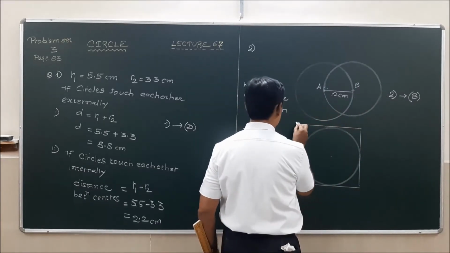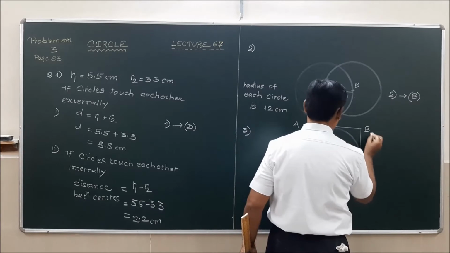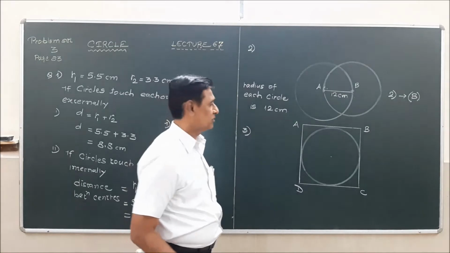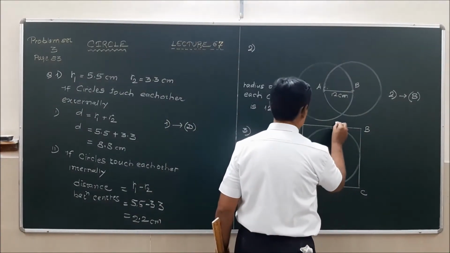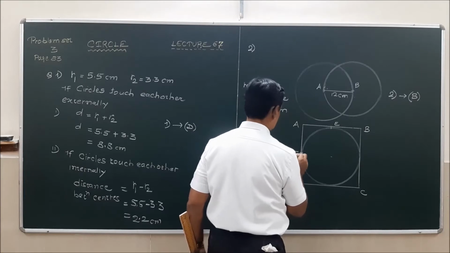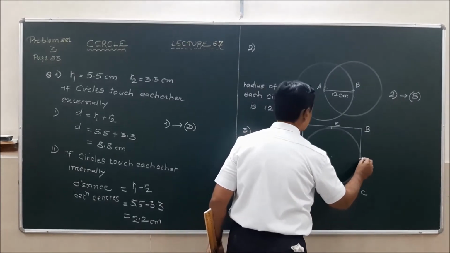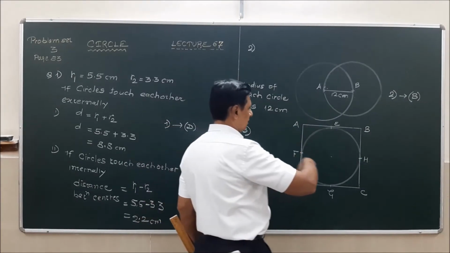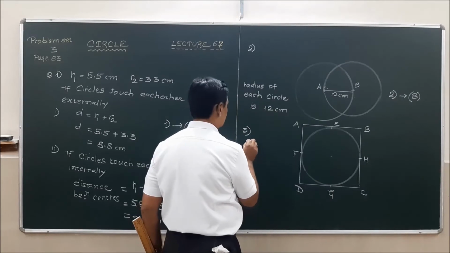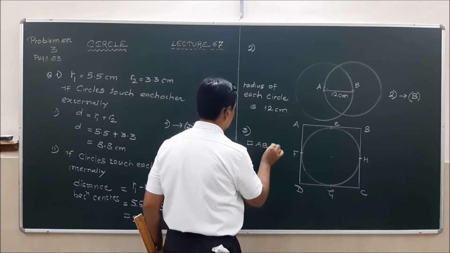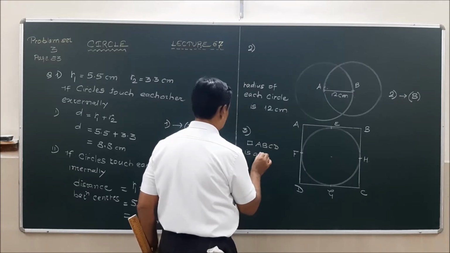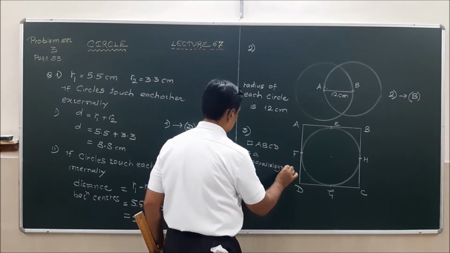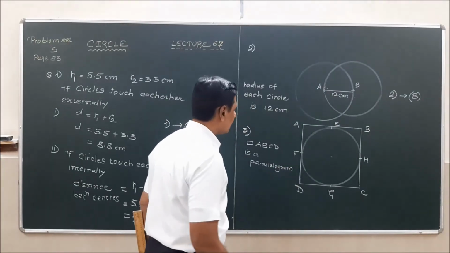Supposing you take ABCD as a parallelogram, try to understand this. The option is rhombus, but why is the option rhombus? Now the circle is touching all sides of the parallelogram. So this quadrilateral is a parallelogram. Please try to understand.